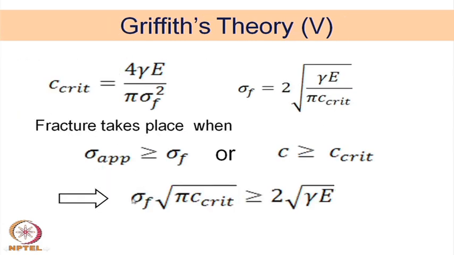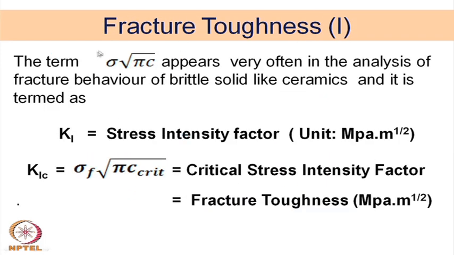This is of course a particular value at fracture, but otherwise in general this product, the applied stress multiplied by the square root of the crack length, appears very often in the analysis of the fracture behavior of brittle solids like ceramics, and this particular term is called the stress intensity factor.